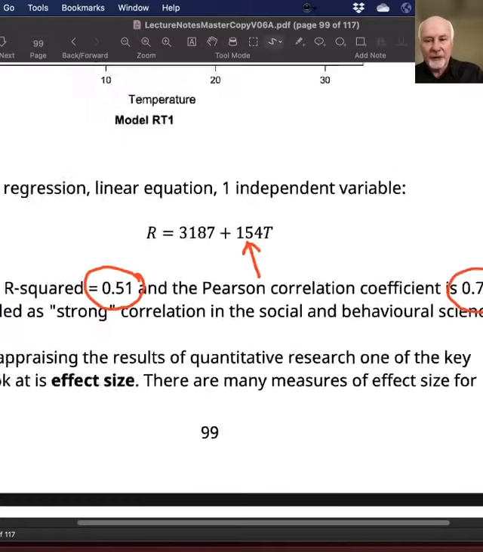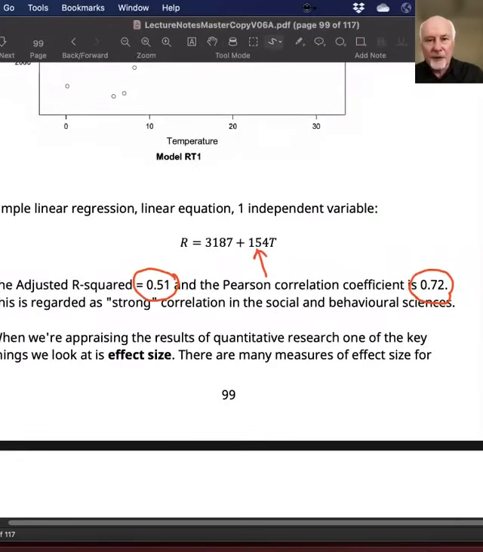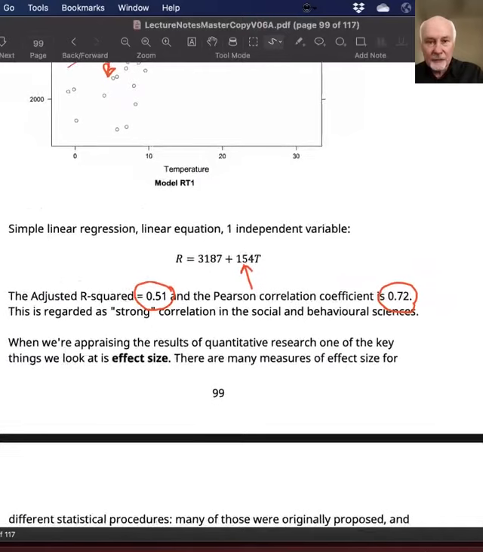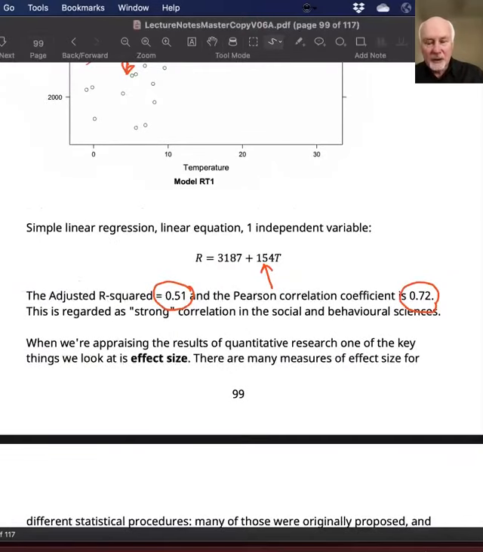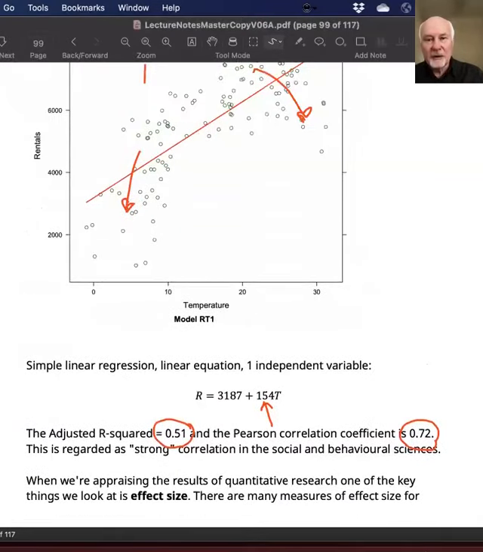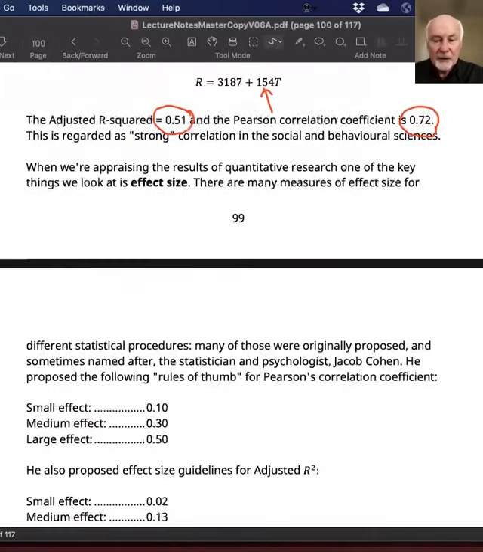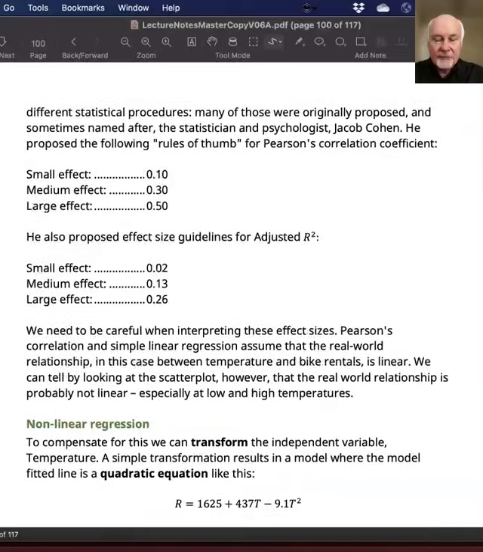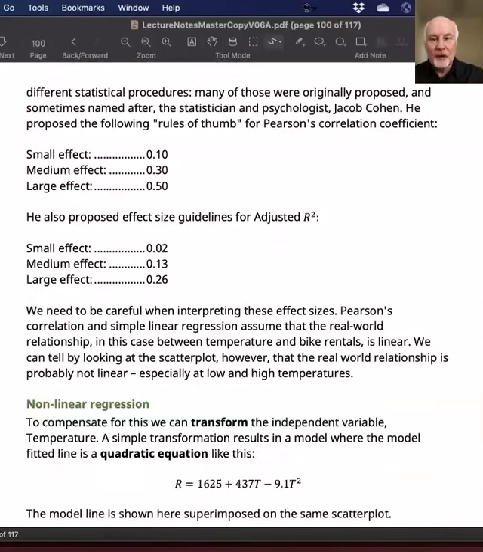So both of those are things that we typically start looking for quickly if we see that somebody's done a linear regression. There are rules of thumb about what are weak, medium and strong correlation coefficients and adjusted R squared.